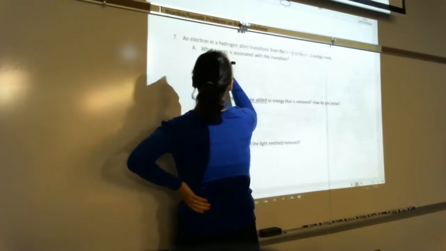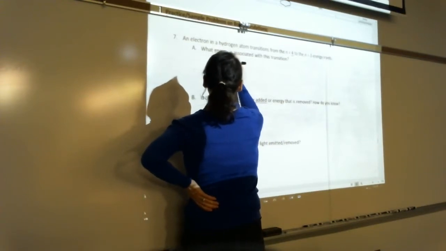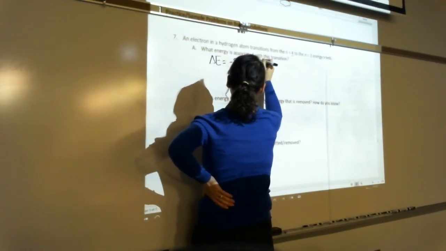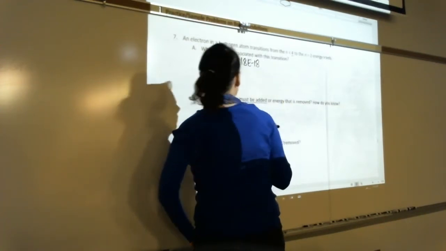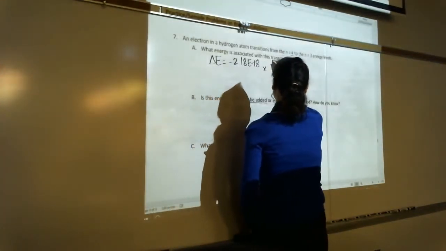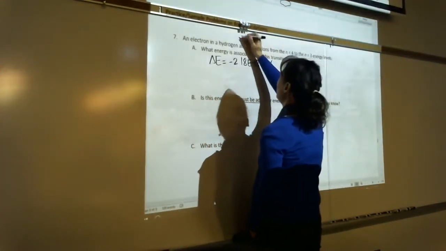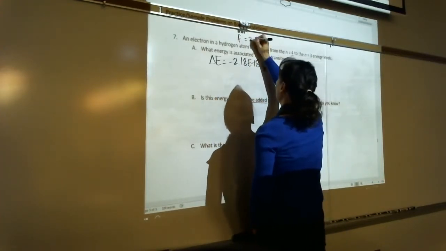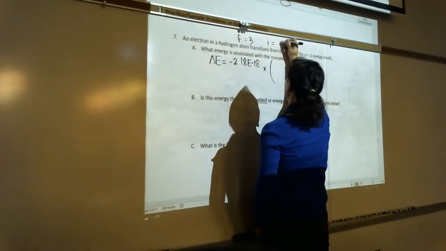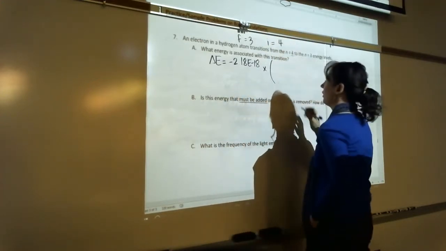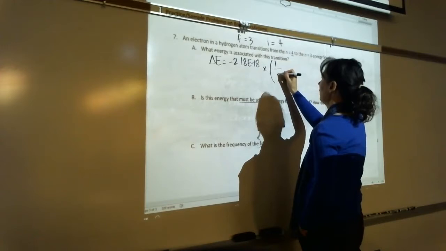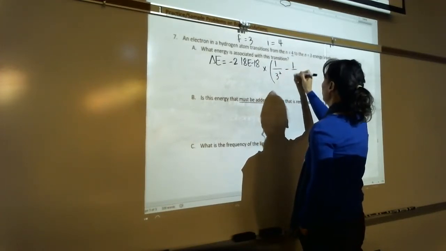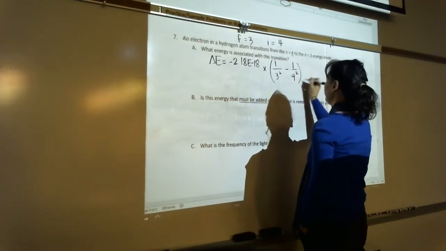All right, so delta E is equal to negative 2.18 times 10 to the negative 18th times, let's decide what's final and what's initial. Final equals what? 3. And initial equals 4. So 1 over, it's always final minus initial, 3 squared minus 1 over 4 squared.